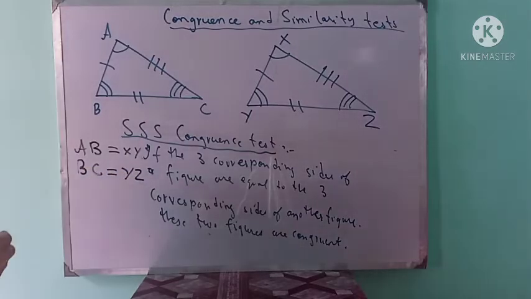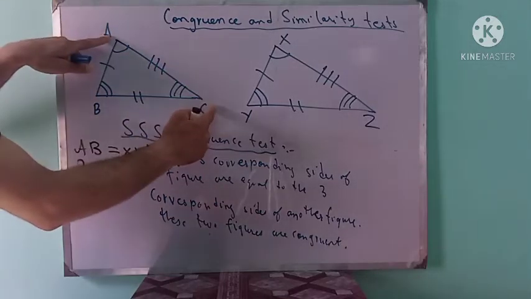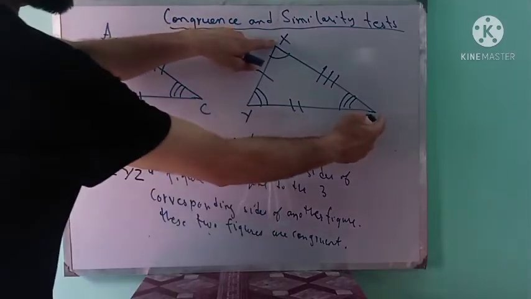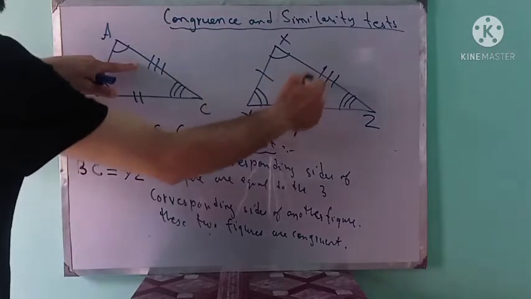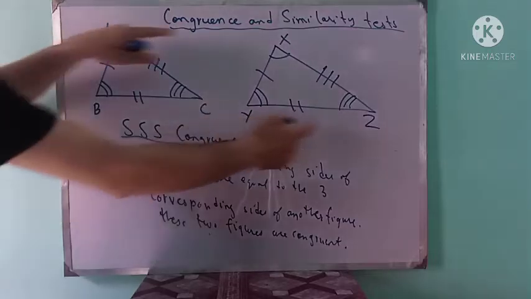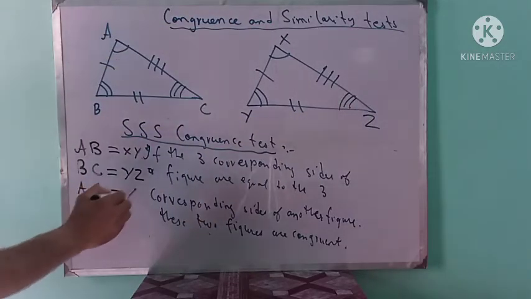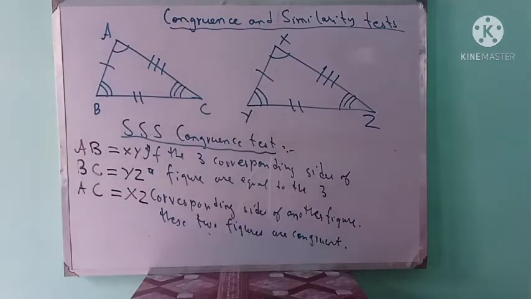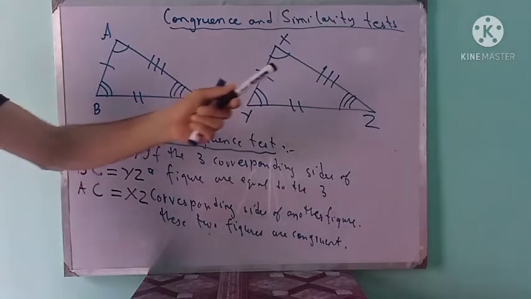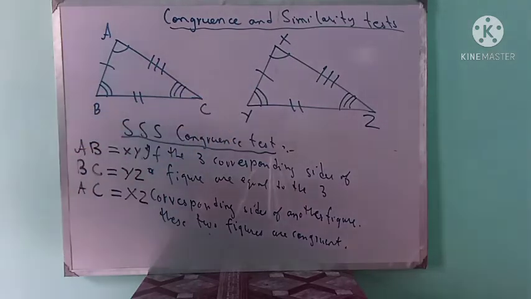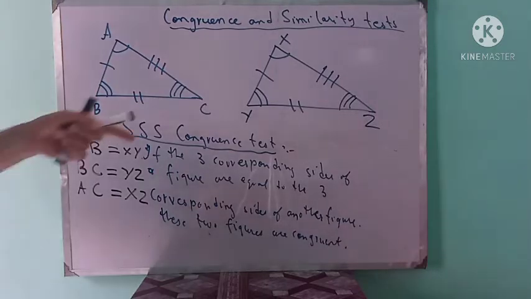And the third side, AC and XZ, are also corresponding sides because they have three lines on the sides. So AC and XZ are also the same. We have proved that the three corresponding sides of the first triangle are equal to the three corresponding sides of the other triangle, so these two triangles are congruent because they have fulfilled the congruence test.